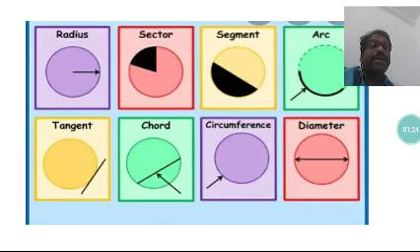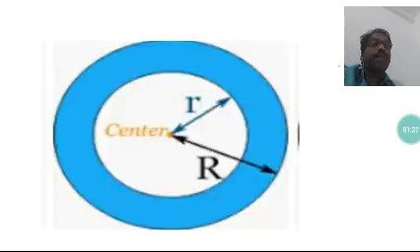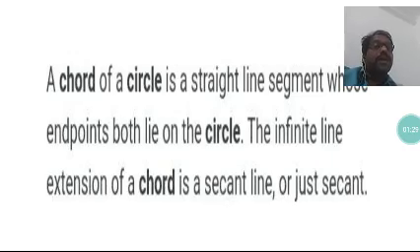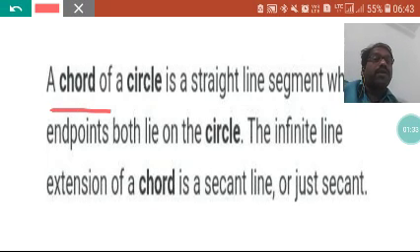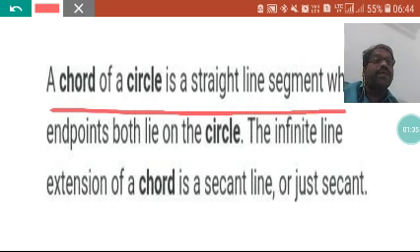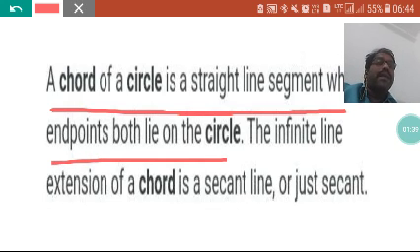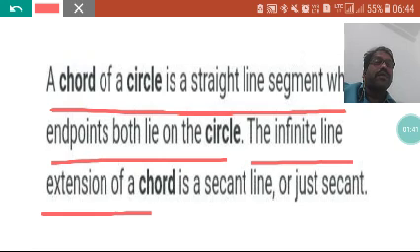Chord and secant. See, the chord of a circle is a straight line segment whose endpoints both lie on the circle, and the infinite line extension of a chord is a secant line.